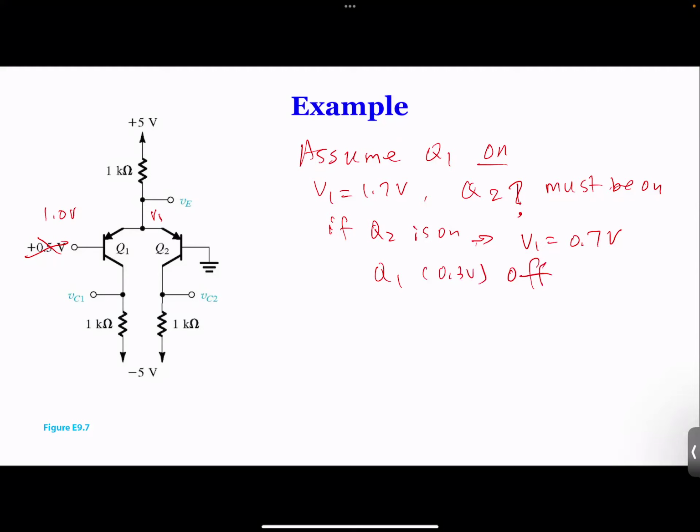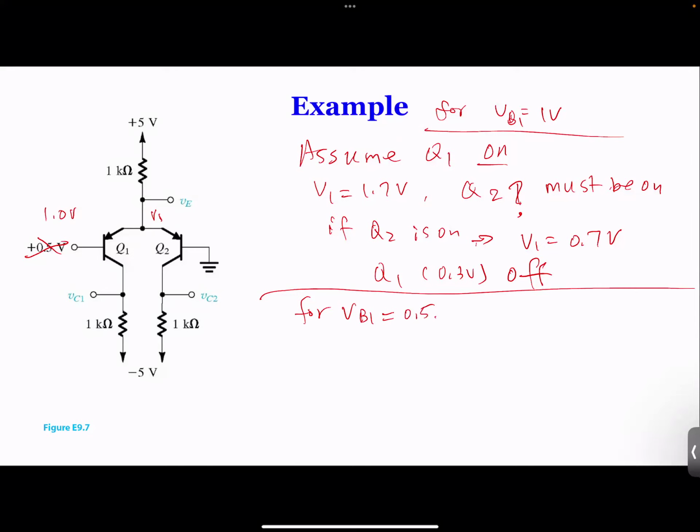So that's why Q1 is off. That's we start with by assuming Q1 is on, and then we find, oh, that's wrong. It cannot happen. So Q1 is off. So that's for VB1 equal to 1 volt. But in this example, they have VB1 not 1 but 0.5.